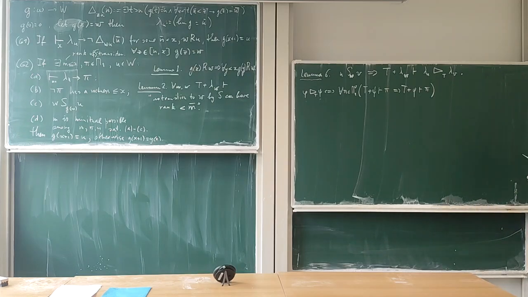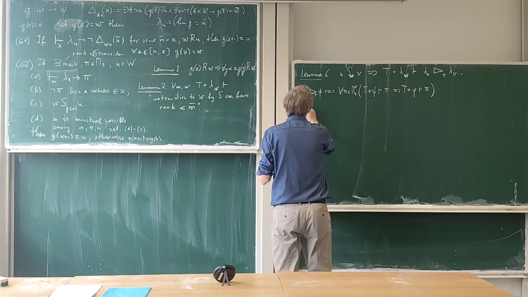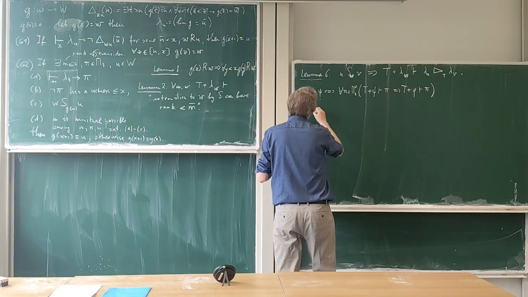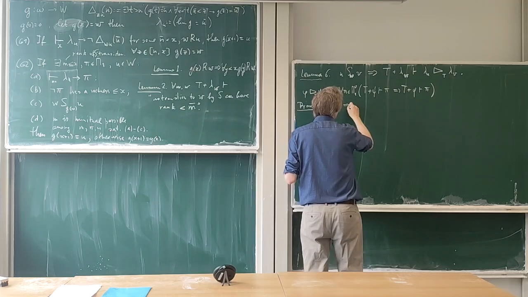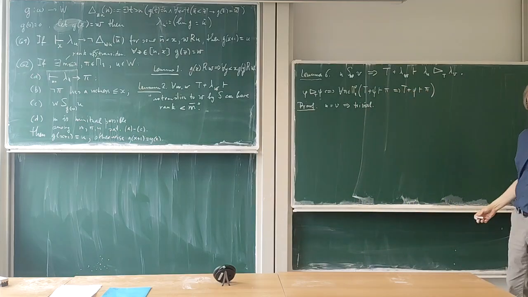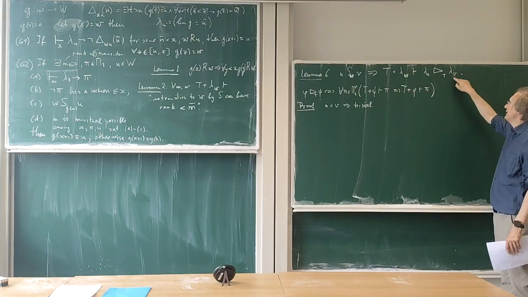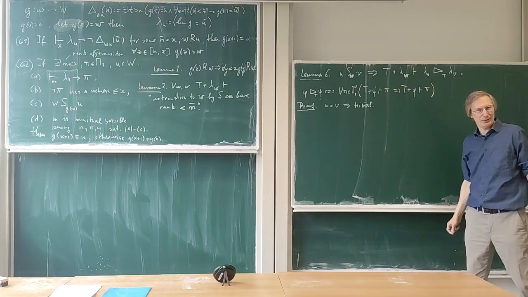So, okay, we need to prove this lemma. So if U is V, then the statement is trivial because then these lambdas are the same, and this holds trivially, so everything holds trivially.